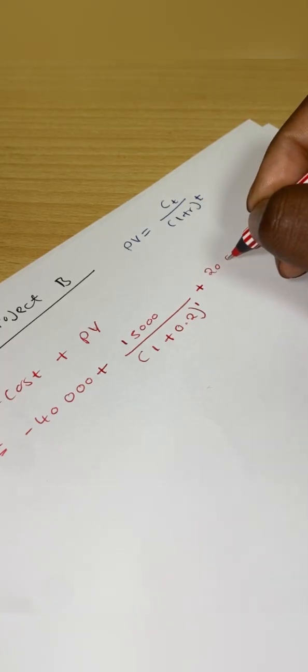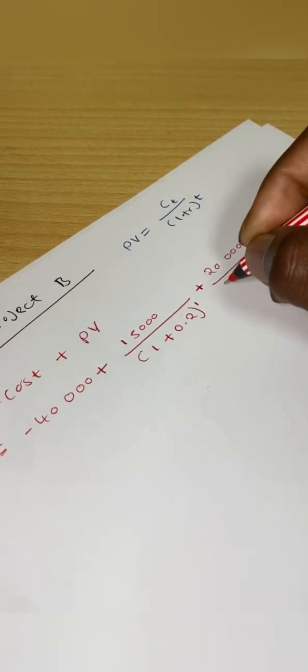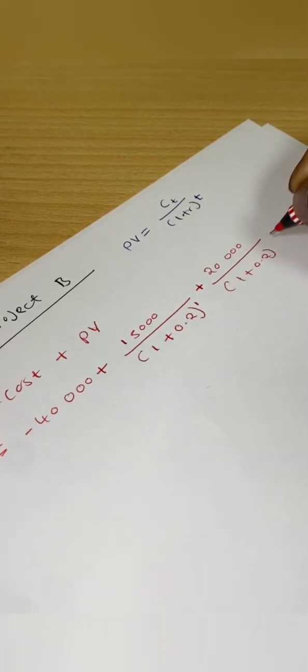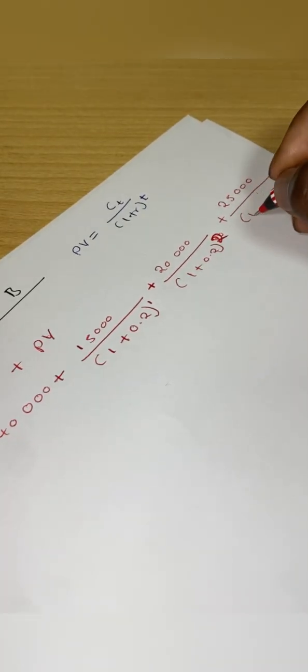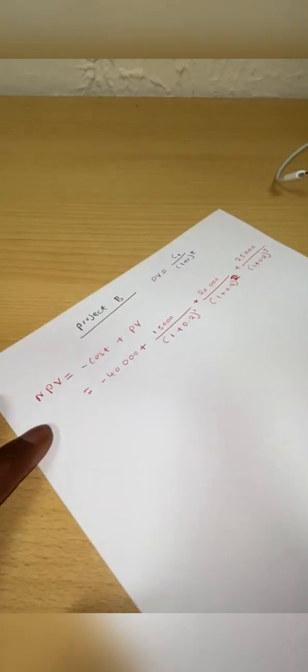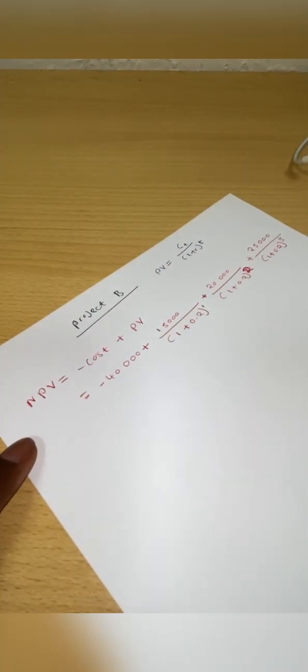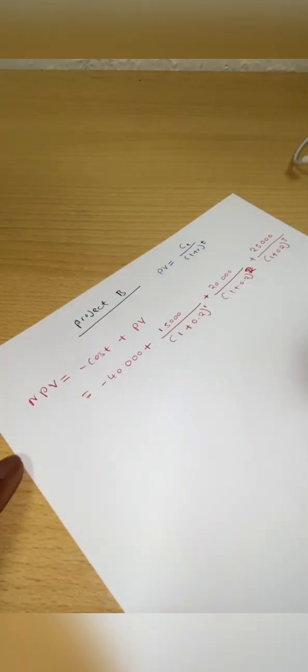Then we go to cash flow number 2. We have 20,000 over 1 plus 0.2 to the power 2. Then plus cash flow number 3, 25,000, divided by 1 plus 0.2 to the power 3. So we are trying to find the present values for those cash flows. So we can proceed.